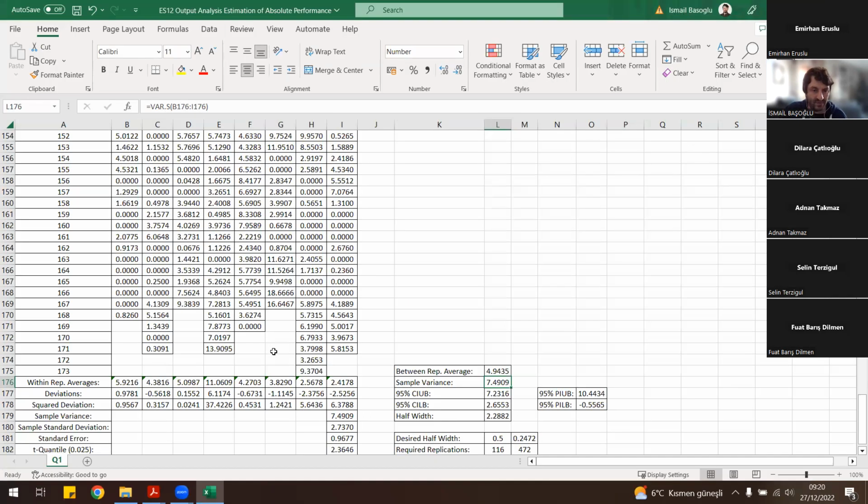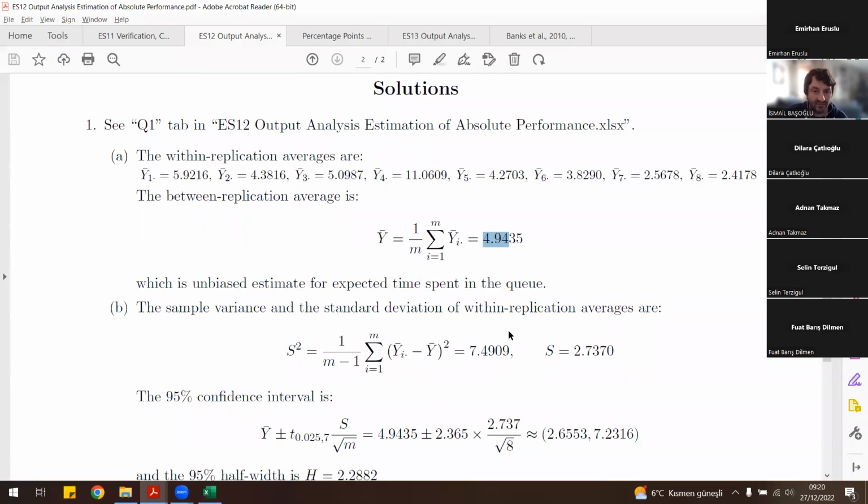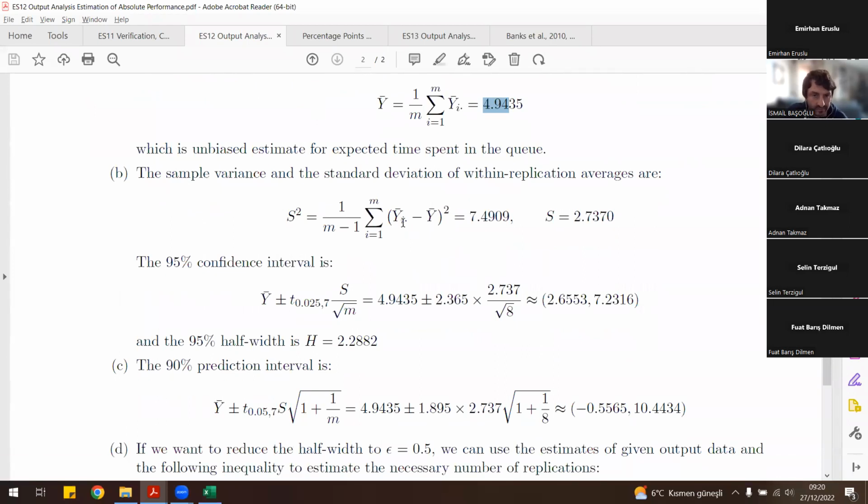We need to calculate the sample variance for these 8 outputs because we want to provide a confidence interval for the true expected waiting time in the queue. This sample variance is automatically calculated by the VAR.S function in Excel. But how do we perform it? Please check.